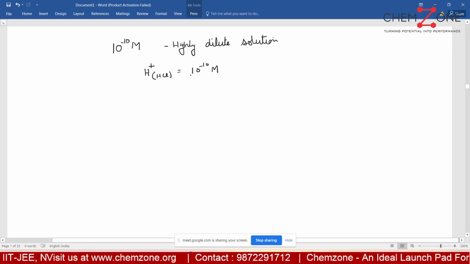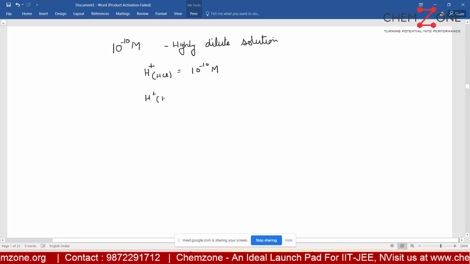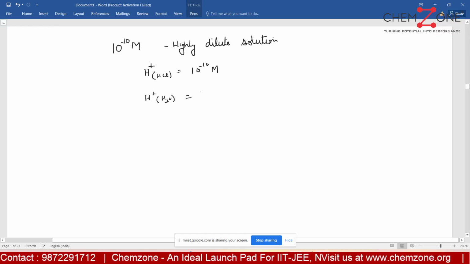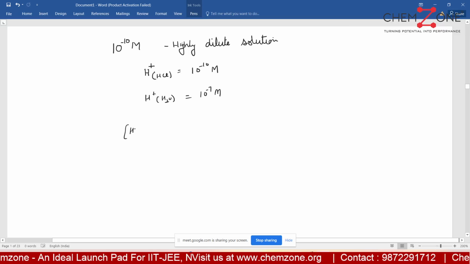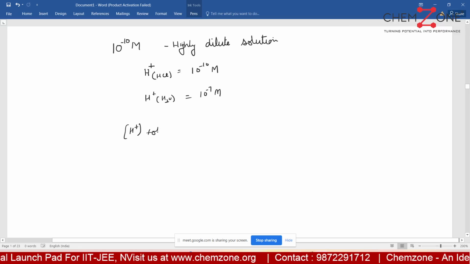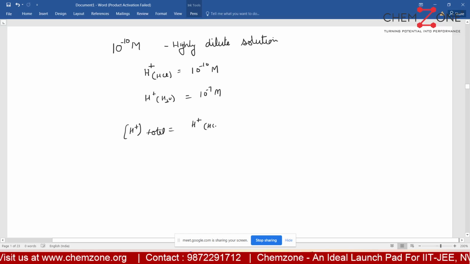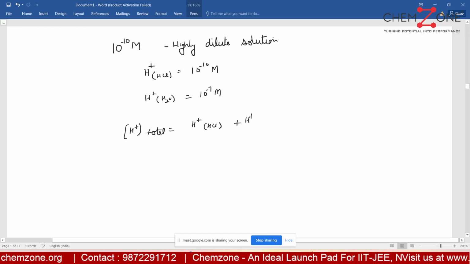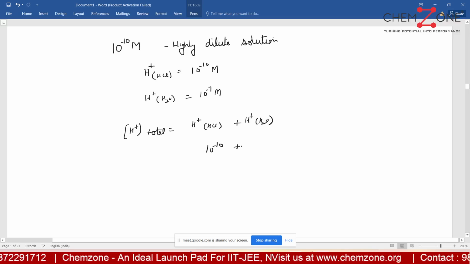But it is a dilute solution, meaning it is dissolved in water, and water is also giving H positive ion. That is giving 10 to the minus 7 molar. It means the total H positive ion concentration is equal to that coming from the HCl plus that coming from the water.